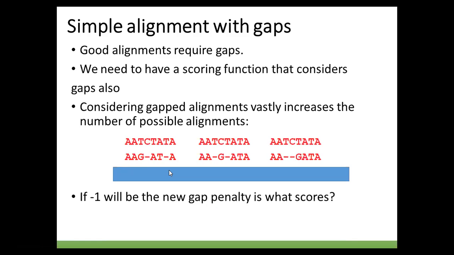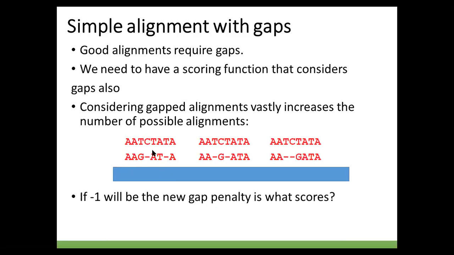However, we know now we require gaps, isn't it? Good aligning means we have to consider everything, insertions, deletions, and we should try to maximize the score of that alignment. So for that, we need gaps. So how can we consider gaps also in our scoring scheme?